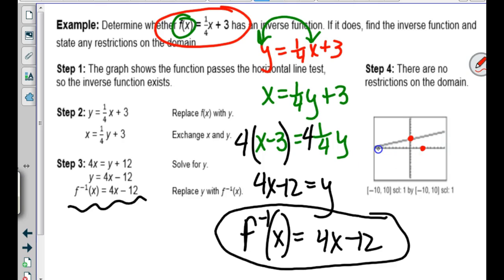If I put in a 0, negative 12, so this was negative 12, 0. The new function would have 0, negative 12, and it would look like this. Does that seem okay? Do they reflect across that line? I'm trying to combine ideas here for you.